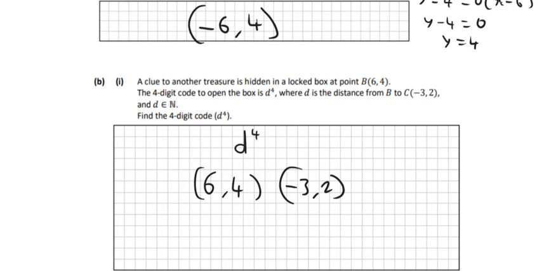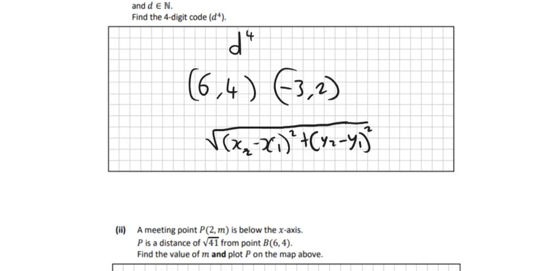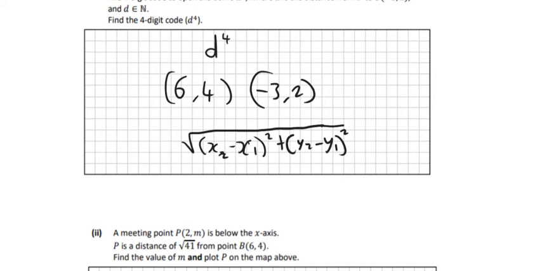There's a formula in your log tables called the length formula or distance formula. It's the square root of x2 minus x1 squared plus y2 minus y1 squared. We label them x1, y1, x2, y2.